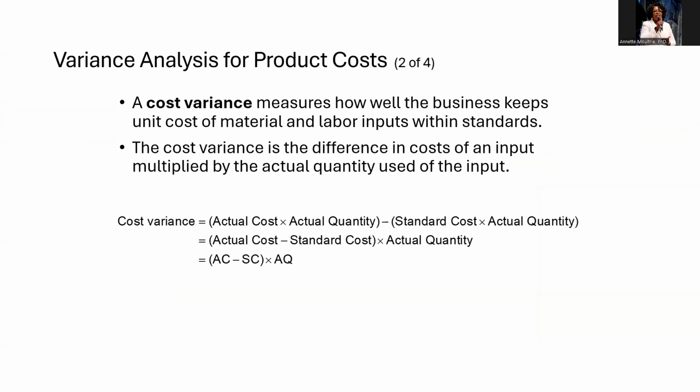So as the name suggests, the cost variance is the difference in costs, or actual cost per unit less the standard cost per unit of an input, multiplied by the actual quantity used of the input. For example, if the actual costs are higher than the standard, the variance is unfavorable.